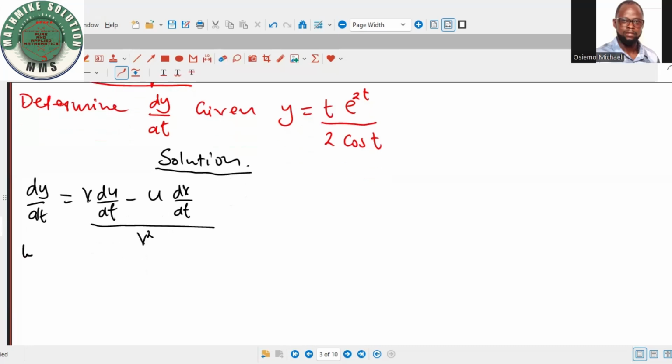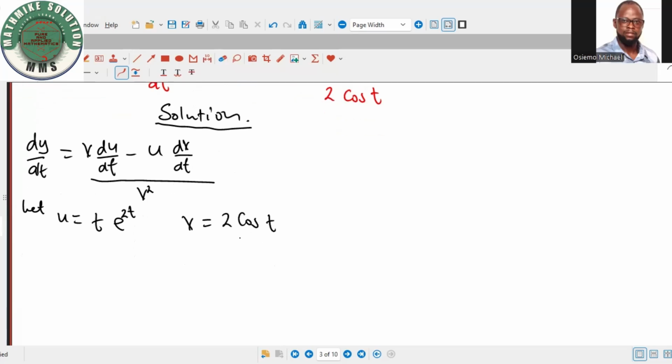So we can let our u be equal to t exponential 2t, and our v is equal to 2 cos t. In finding du dt, we're going to apply the product rule, reason being, u is a product of two functions.